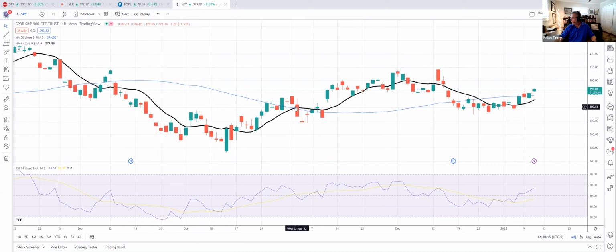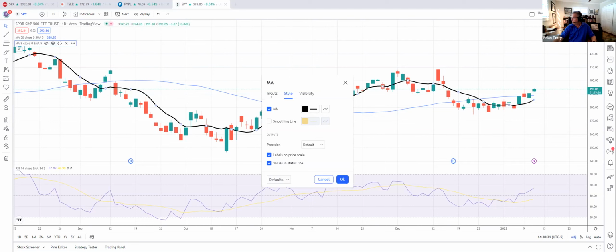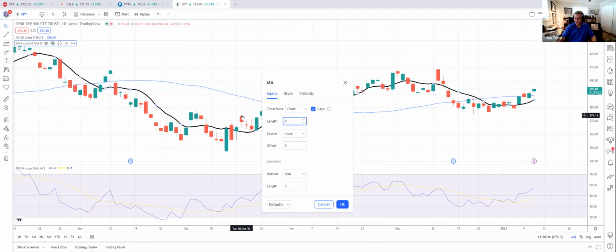And then it crossed back over, and then it crossed over again. So it kind of tells you where the trend is moving. One of the ones that I like to use is just a 20-day moving average. It's a 20 period. In a month, there's 20 or 22 days.